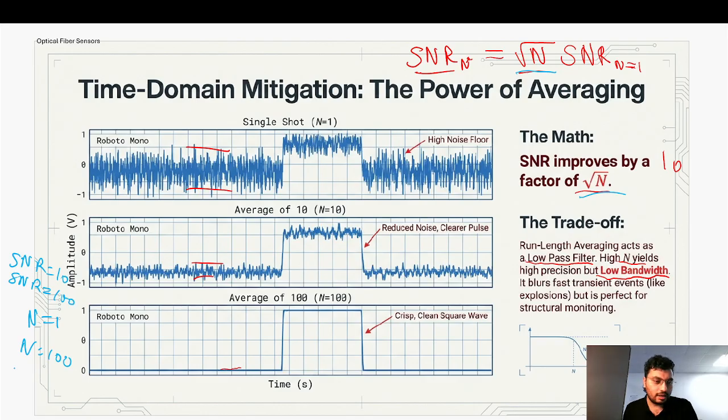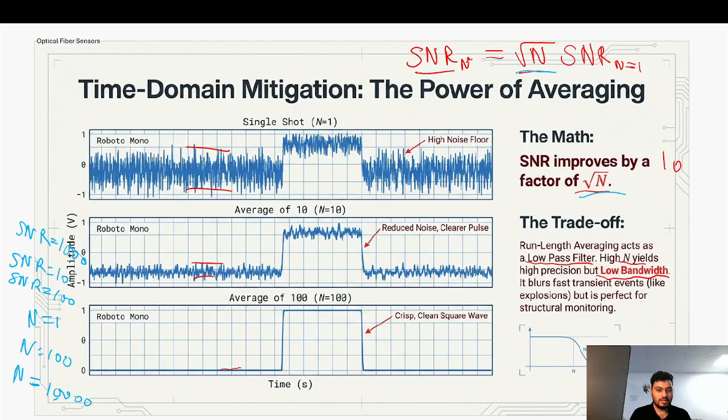And if you are accumulating n equal to 10,000 times, SNR will be 1000. But you are accumulating, but that is not a good thing.